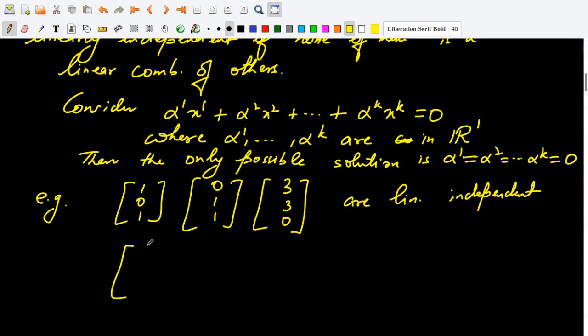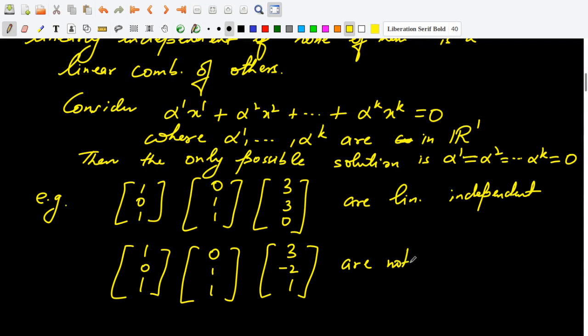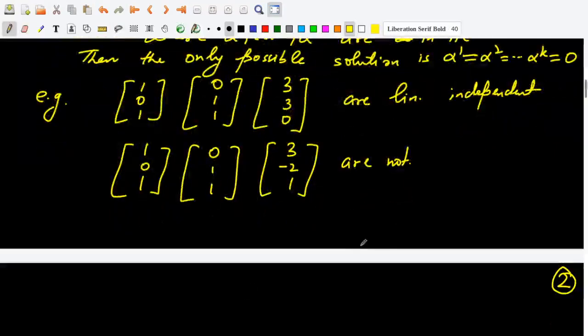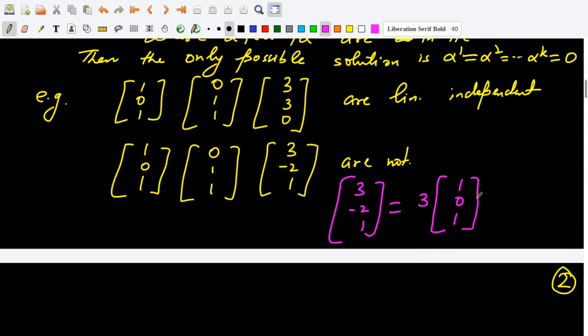On the other hand, (1, 0, 1), (0, 1, 1) and (3, -2, 1) are not, because I can write (3, -2, 1) equal to, let's say, 3 times (1, 0, 1) minus 2 times (0, 1, 1), and that means I have found these alpha values so that their linear combination is 0 and the alphas are non-zero.